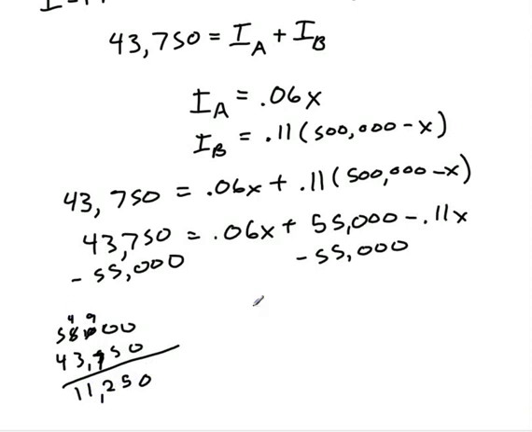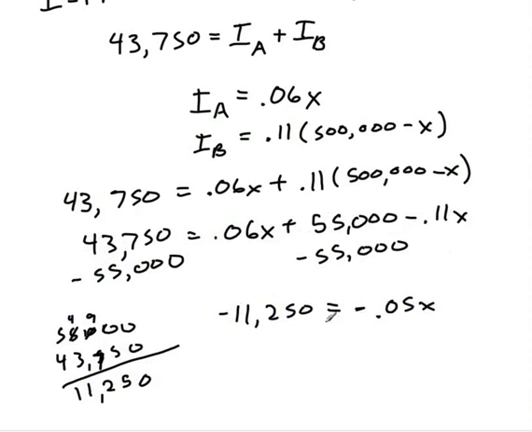So it's going to end up being 11,250, and that's going to equal this guy minus this guy. Oh, make sure you get your negative, because this is the bigger number. So that's going to be negative. And 0.06x minus 0.11x is going to be actually negative 0.05x.